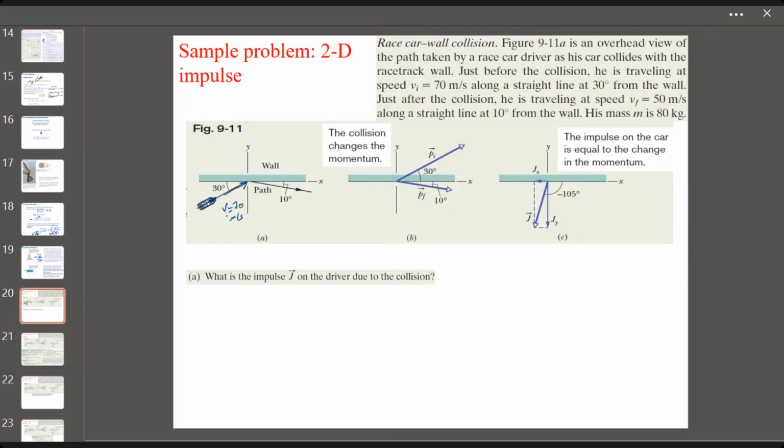This is V initial. Just after the collision, he is traveling at a speed Vf along a straight line at 10 degrees from the wall. So this is V final, and it's equal to 50 meters per second. His mass is 80 kilograms. What is the impulse J on the driver due to the collision?